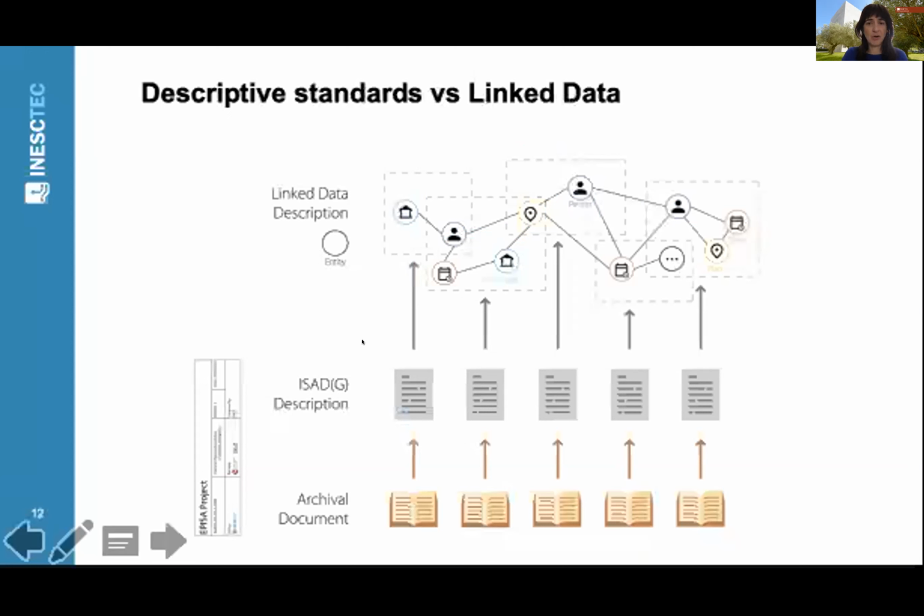As we know, the ISAD standard for archives accommodates units of description at different levels, from fonds to individual documents. ISAD description provides a uniform set of elements where some are more strongly typed, for example dates, and others favor free text narratives such as scope and content or administrative history.